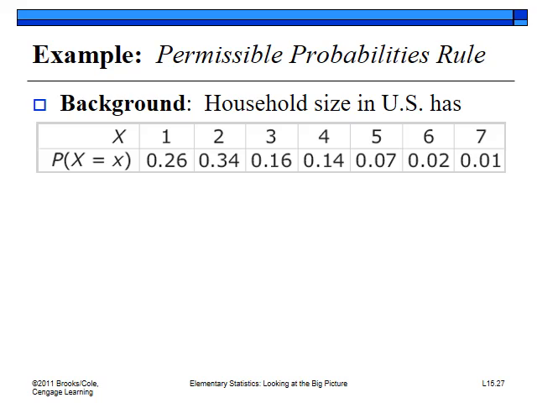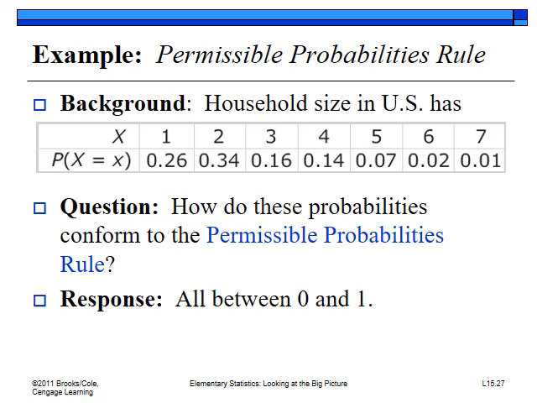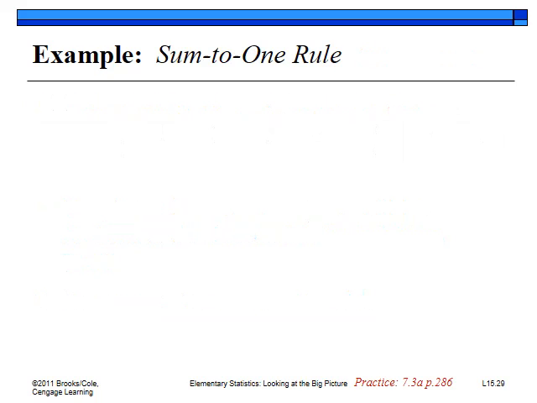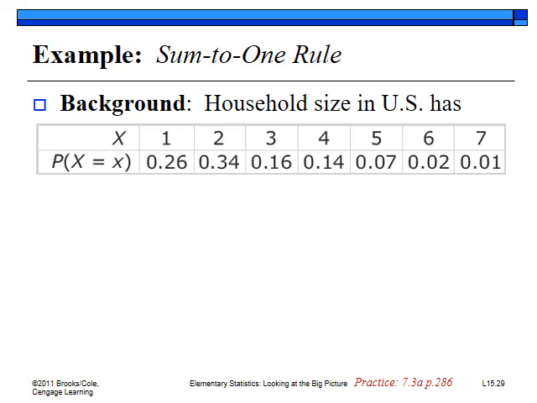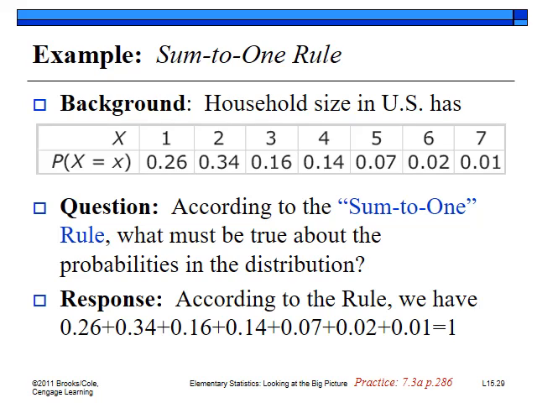So looking at our census data, these do satisfy the permissible probabilities rule because each of the probabilities is between 0 and 1. Also, the sum to 1 rule is satisfied because when we add each of these numbers up, we get 1.